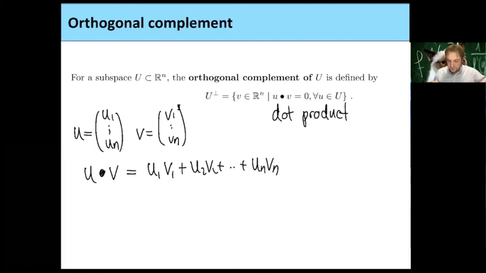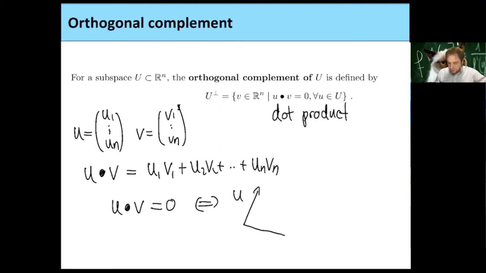And then this has some geometric interpretation, namely the statement is if the dot product of 2 vectors is 0, then these 2 vectors are orthogonal, meaning that, well, this picture I can just draw in 2 dimension or in 3 dimension, but this just means that the angle between them is 90 degrees.